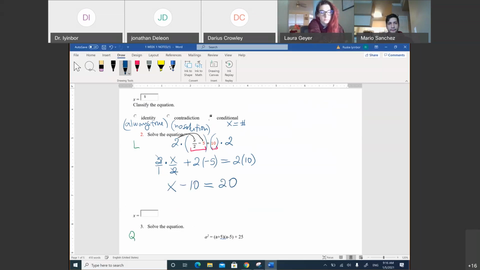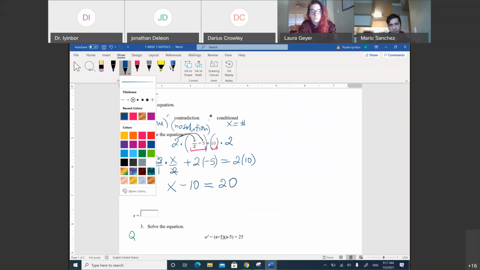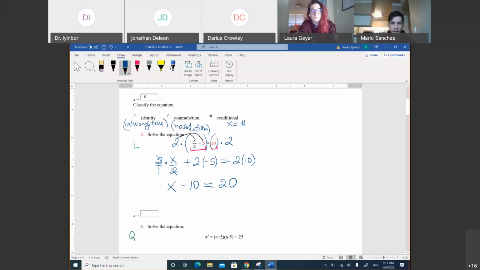So this is the equation we have right now, and we have to follow the 3 steps. The first step is get x by itself on one side. It's already on one side, and the numbers go on the other side. The second step is we want to move this number over, and it's a negative 10. Yes, that's correct.